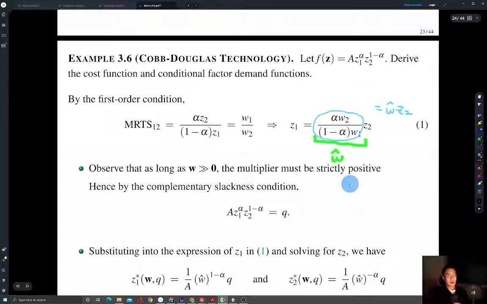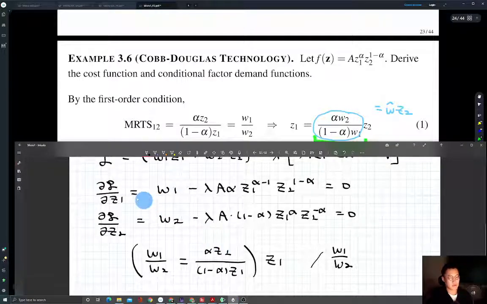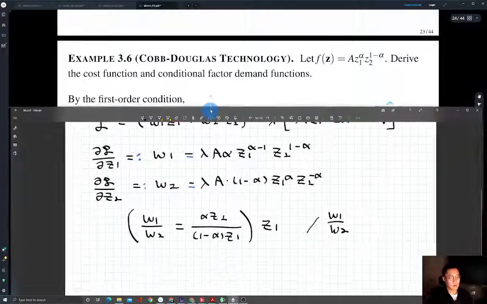One more thing we can observe from the first order conditions. The first condition requires that w1 is equal to this expression, and the second condition requires w2 to be equal to this expression.